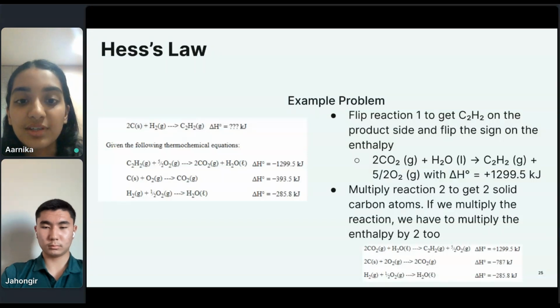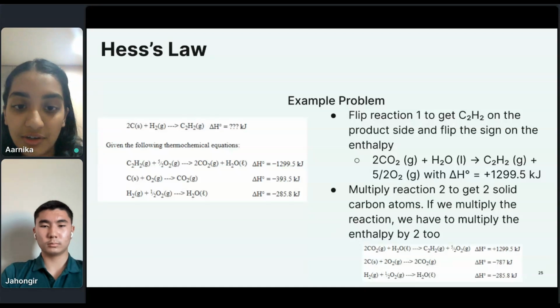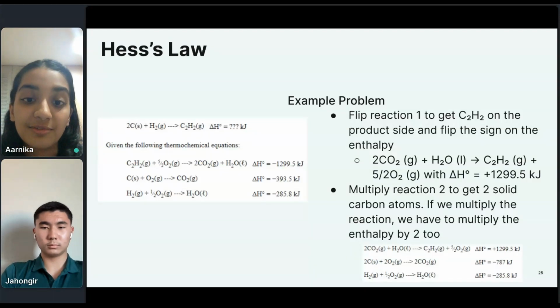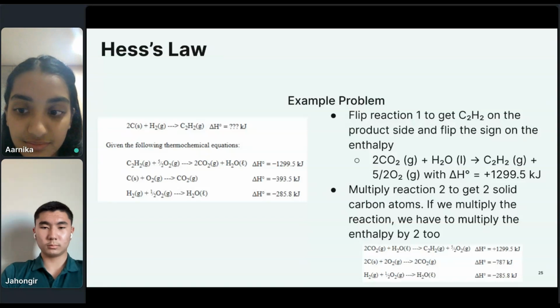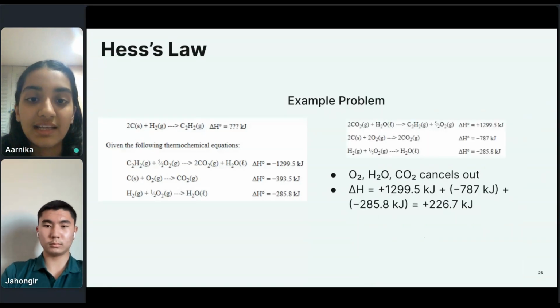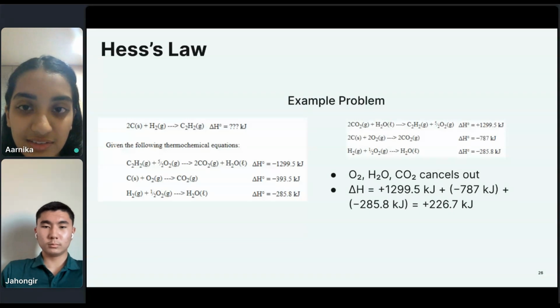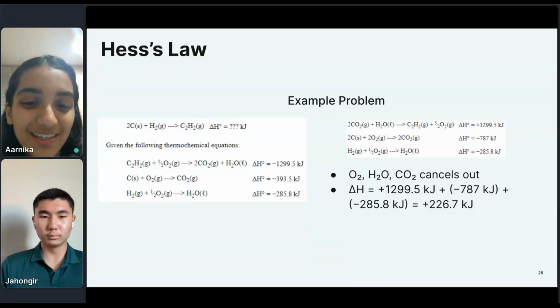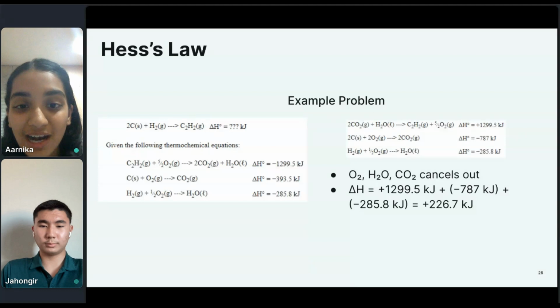Okay, now that you have that, you can see at the bottom of the screen right there, now you want to multiply reaction 2 to get 2 solid carbon atoms, so then you can cross them out. If you have to multiply the reaction, you also have to multiply the enthalpy by 2 as well. Now you can see in about the top left part of the screen the reaction that we now have.